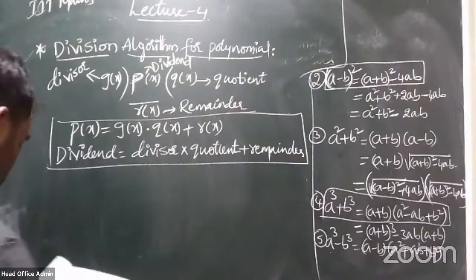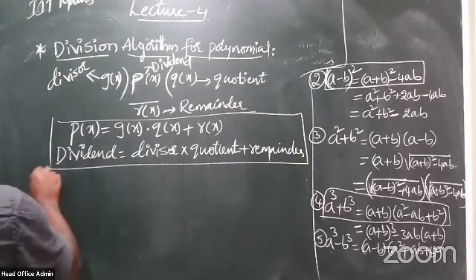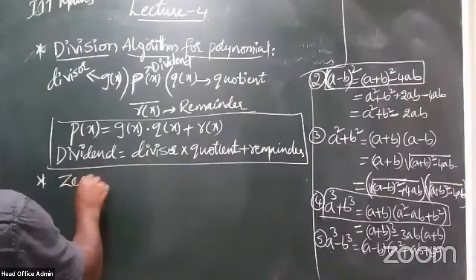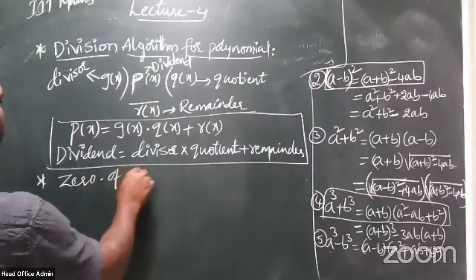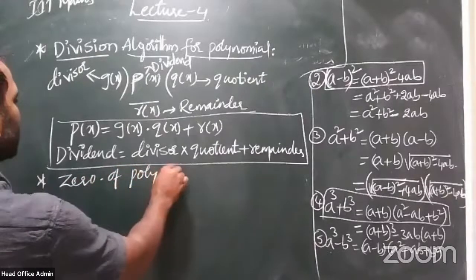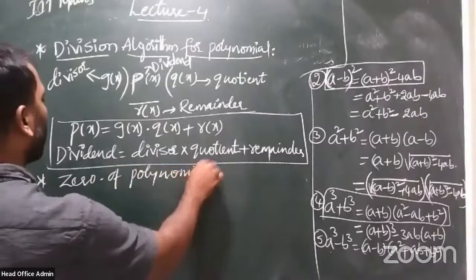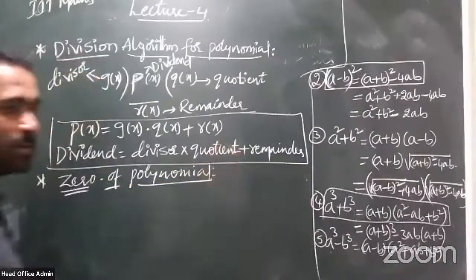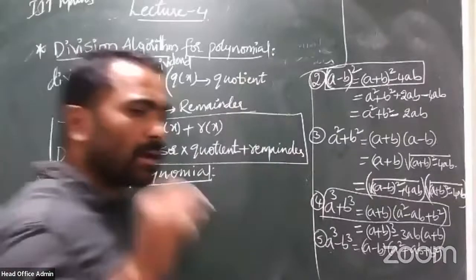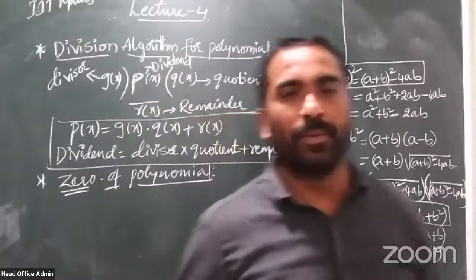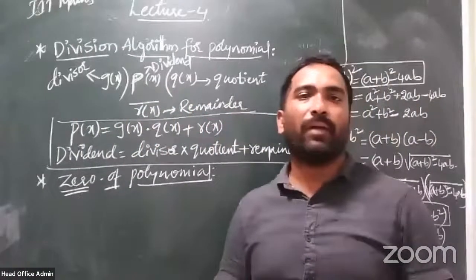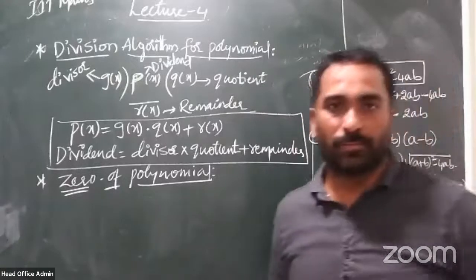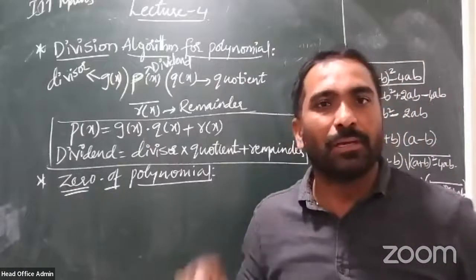Suppose we have the zero of a polynomial. What is the zero of a polynomial? Whatever polynomial is given, you have to equate it to 0.